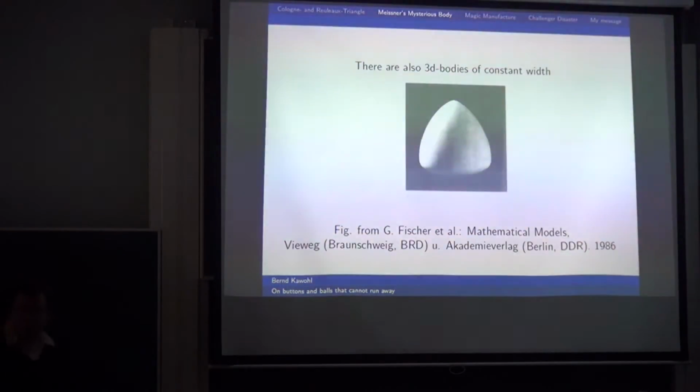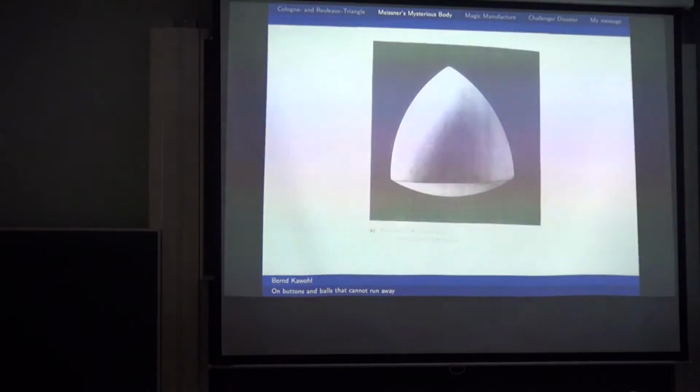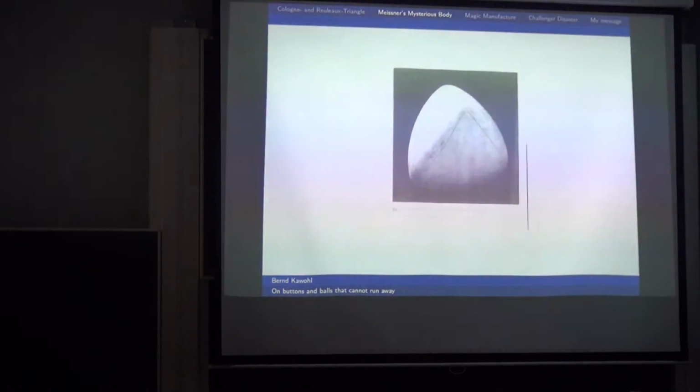In those days, it was very difficult to communicate between East and West Germany, and this was an exception. Here we see a genuinely three-dimensional body that does not have rotational symmetry. In fact, it looks a little bit like a rounded off tetrahedron, and it has a name. It's called a Meissner body, and I had it manufactured, and we can pass it around.